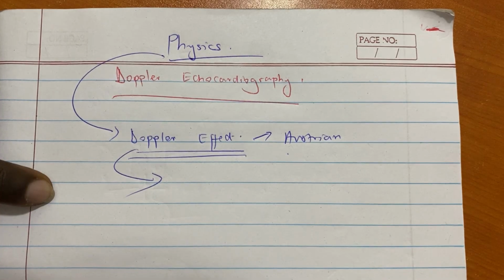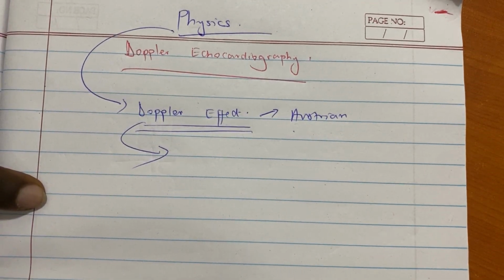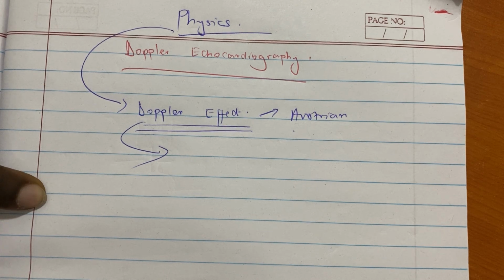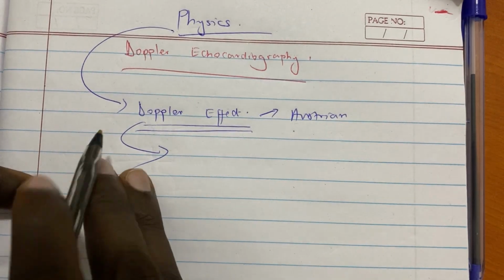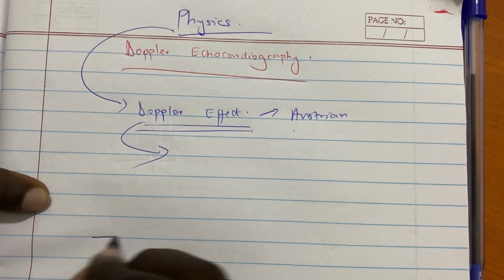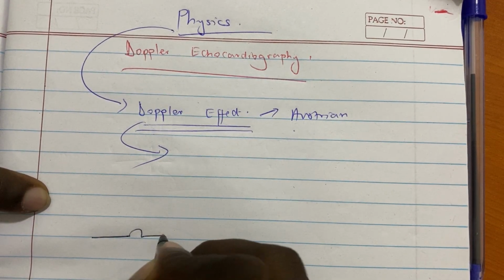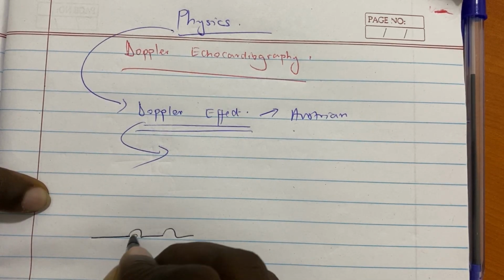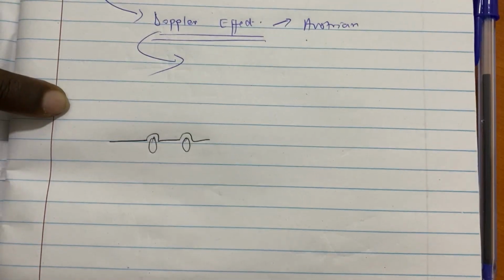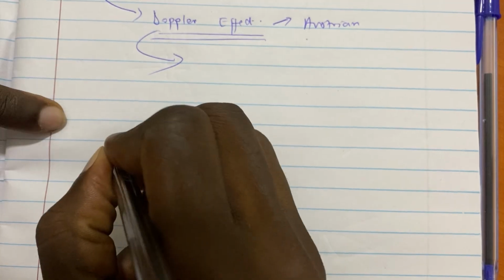What is the Doppler effect? The Doppler effect is just a change in frequency. You remember that we used to draw something like that.